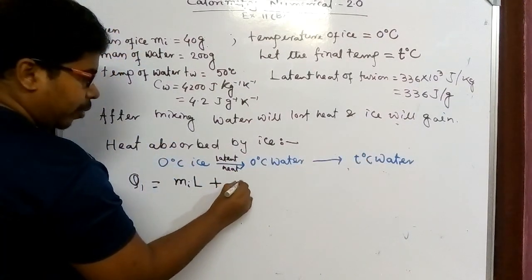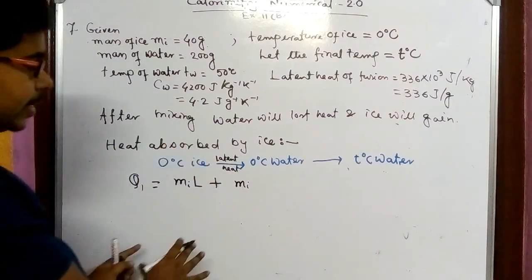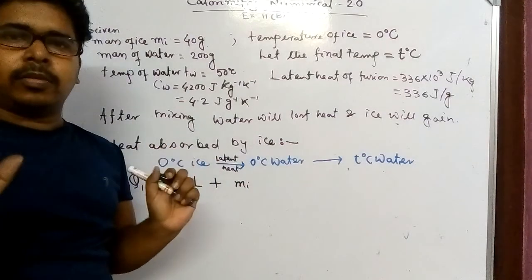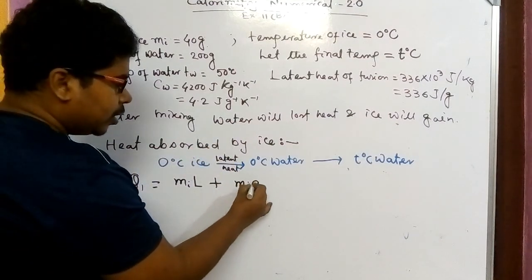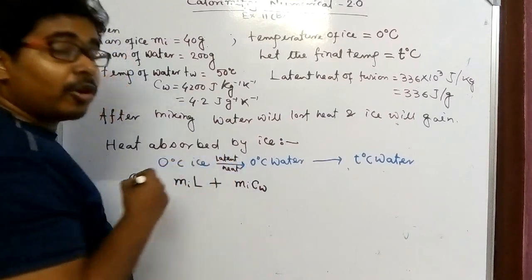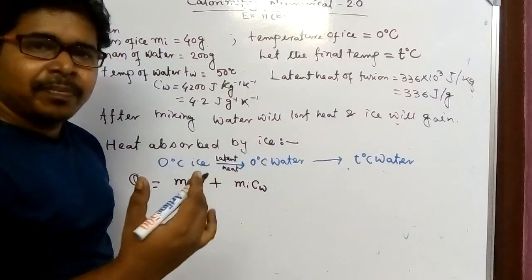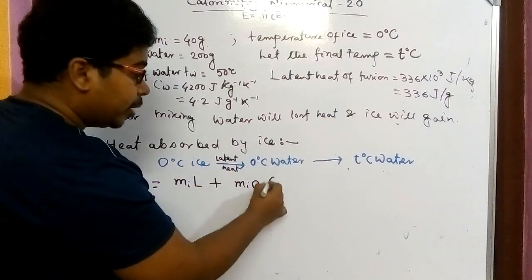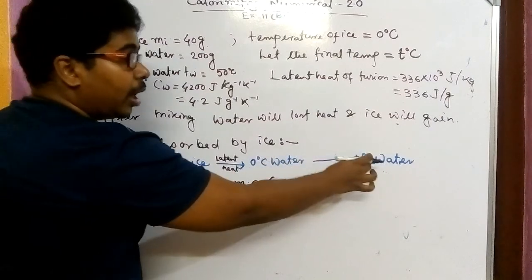So Mi, that is the mass of ice, but that ice is converted into water now. That ice is converted into water, into specific heat capacity of water, Cw, into del T, that is temperature difference. Temperature difference is, previous temperature is 0 degree, now it is T degree.